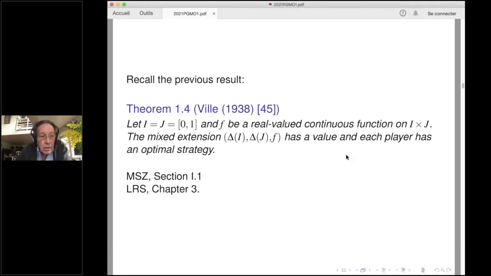Okay? So Ville proved that if you have a jointly continuous function on the square, then the mixed extension has a value. For more results on the min-max theorem, I refer to MSG section 1.1 and LRS chapter 3.